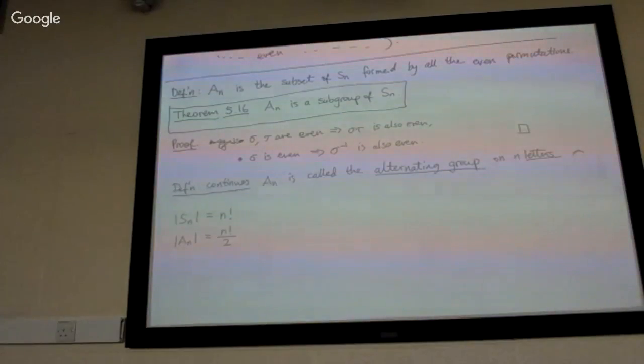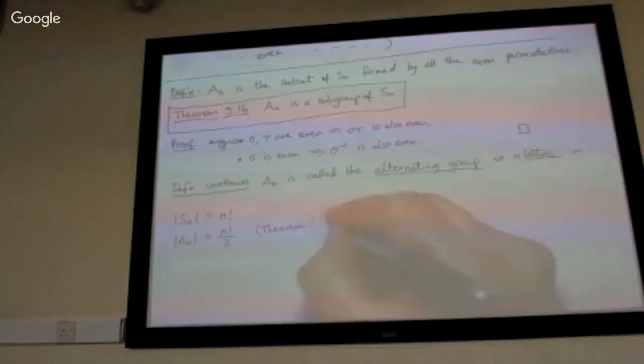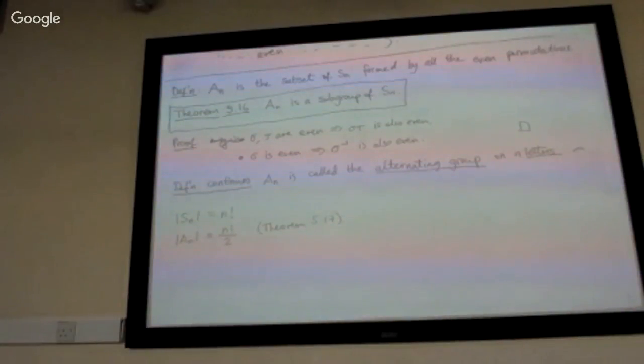Okay, why is this? It's not a theorem, it's called a proposition, 517. Okay, the proof is basically by saying that there are exactly the same number of even permutations as there are odd permutations, and because they all together form the symmetric group, each of them forms exactly half of the elements.